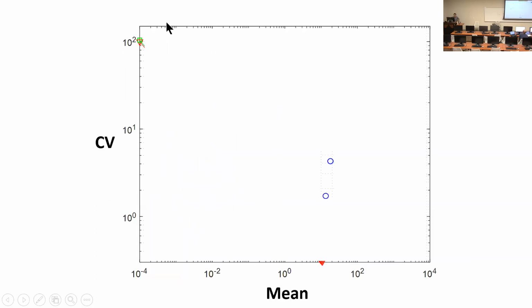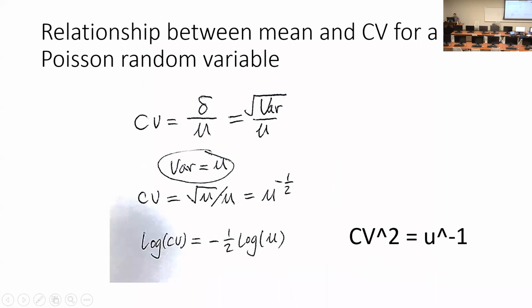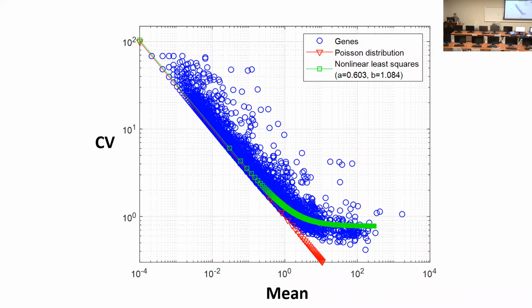So you expect a line here. This is by theory, the Poisson distribution, this line regression in red. So look at all the genes. You have a relationship between CV and mean that looks like that.